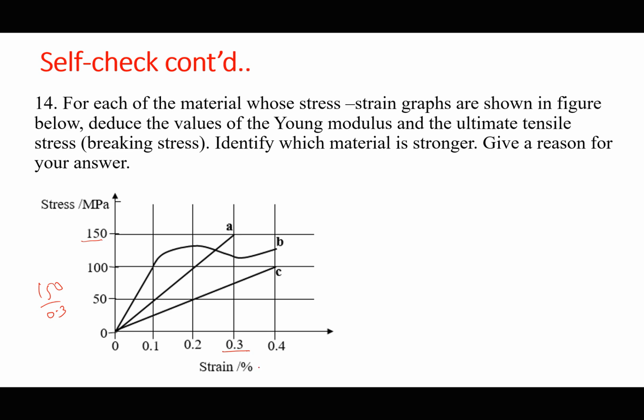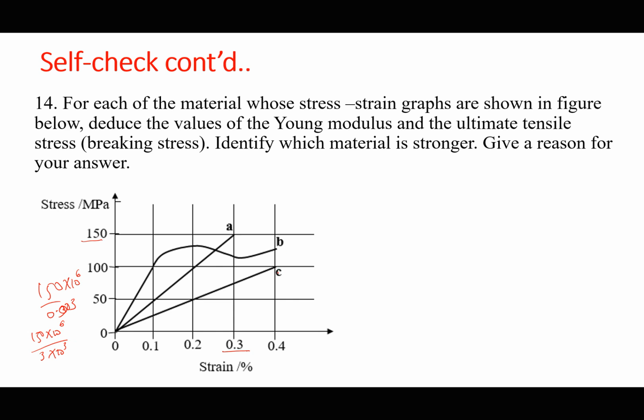Of course, this is a ratio, so 0.3 is expressed as a percentage. So I'll divide again by 100, giving 0.003. But remember, this is times 10 to the power of 6. So you have 150 times 10 to the power of 6 divided by 3 times 10 to the power of 3, so it becomes 50 gigapascals.